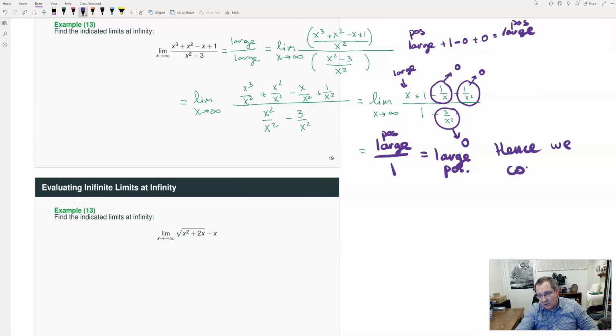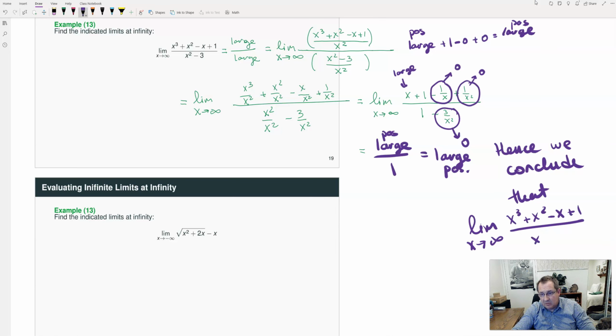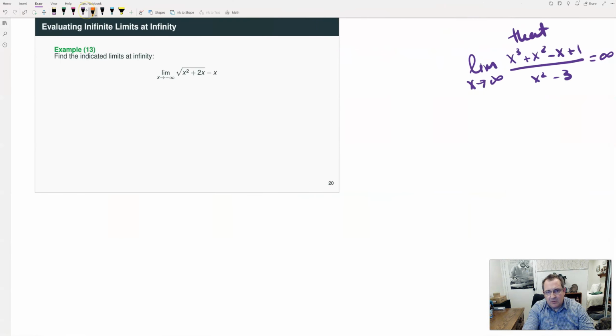Hence, we conclude that the limit as x goes to infinity of that fraction, x cubed plus x squared minus x plus 1 divided by x squared minus 3, is equal to plus infinity. Let us consider one more example.